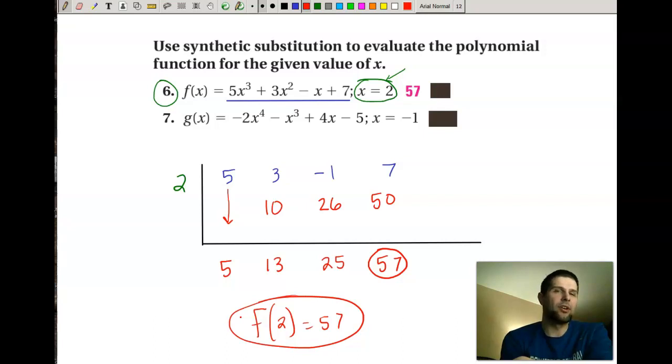We can do something called synthetic division, so it's good practice here because we're going to be using it later on. And once you get used to it, it's a pretty quick way to do things. It takes fewer steps than direct substitution once you get used to it. So give it a try. Try number 7, pause the video, and then we'll go over it.